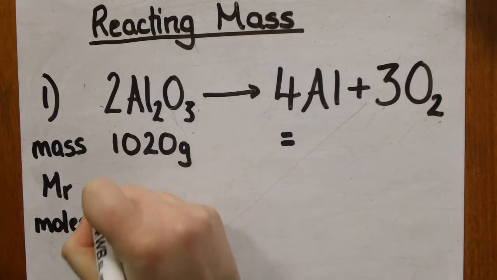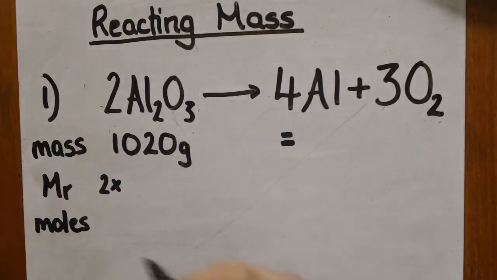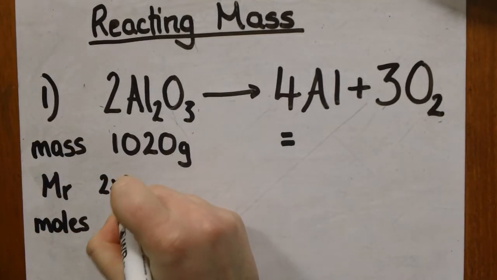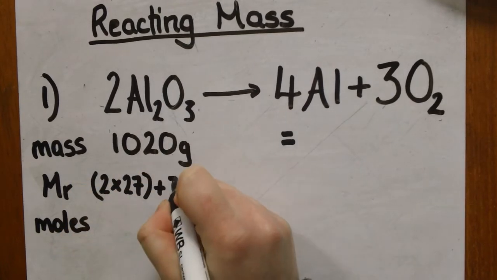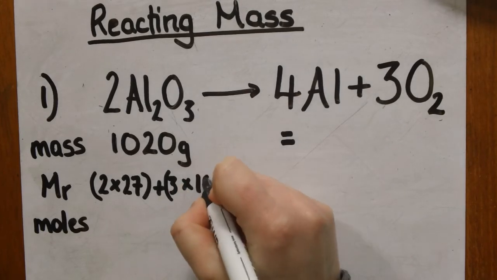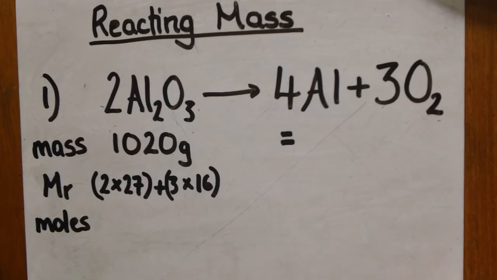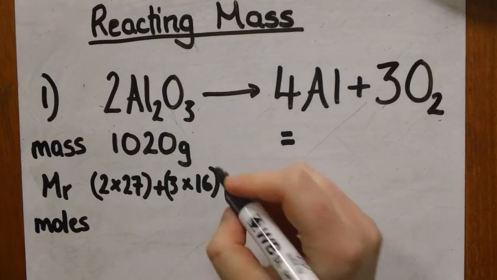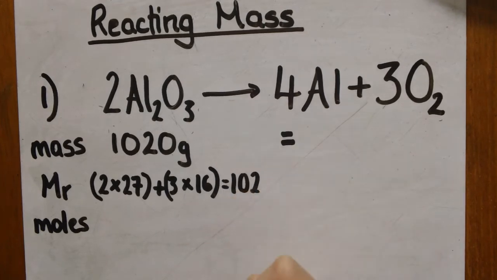So for this I've got 2 lots of my aluminium, which has a relative atomic mass of 27, plus 3 lots of my oxygen that has a relative atomic mass of 16. And when I type that all into a calculator, I get my MR for aluminium oxide is 102.